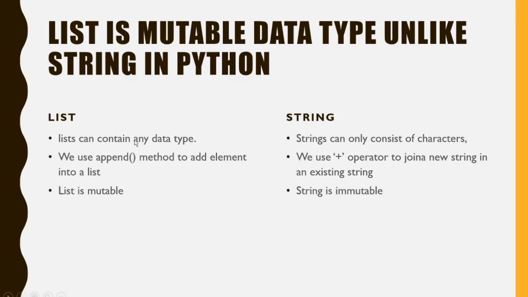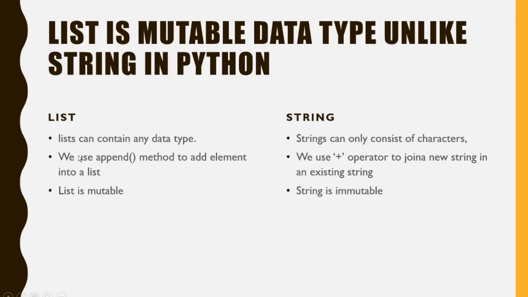A list can contain any data type, as you have seen. In a list, to add a new element we use the append method, but in a string we use the plus operator to join a new string to an existing string. And most important, the list is mutable, string is immutable.